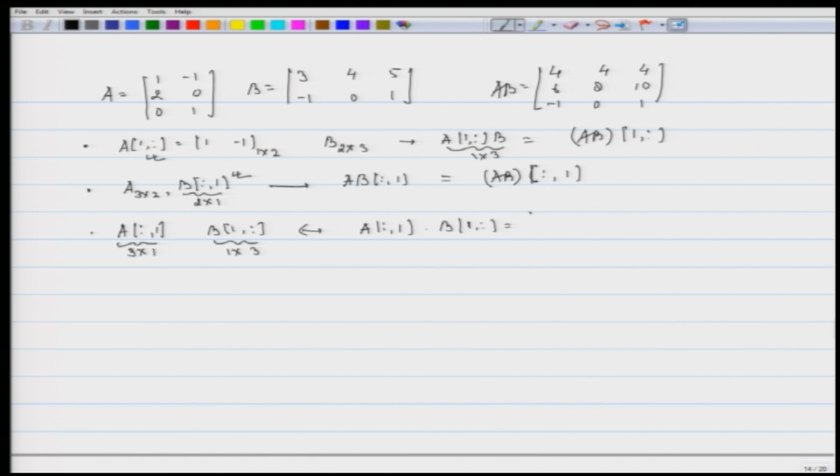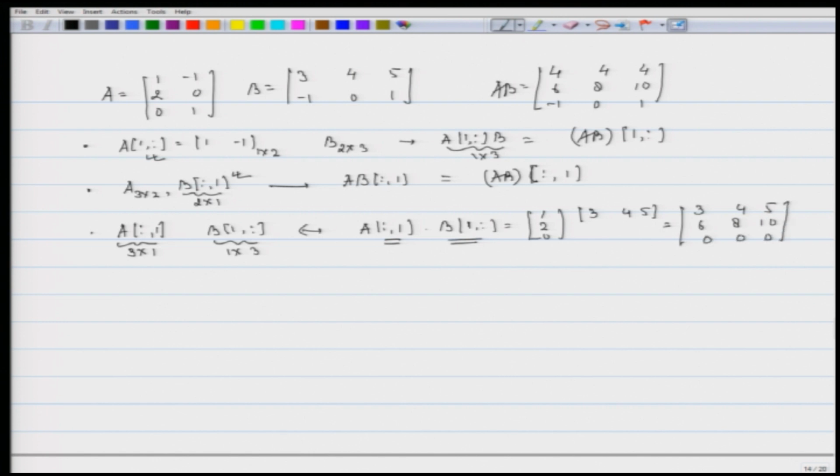Let us see. So A, I am looking at the first column 1 2 0, and I am looking at the first row of this, which is 3 4 5. What I get is 3 4 5, 2 times this is 2 into 3 is 6 8 10, multiply by 0 get 0 0 0.